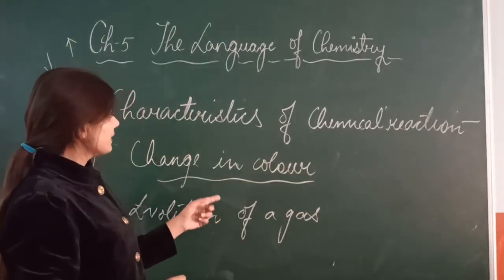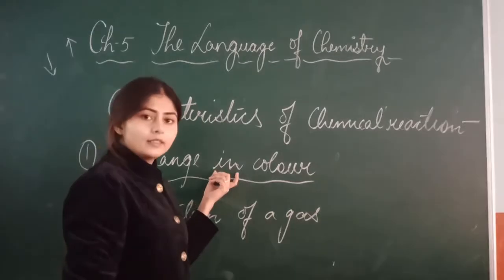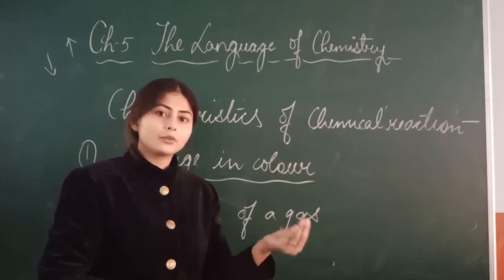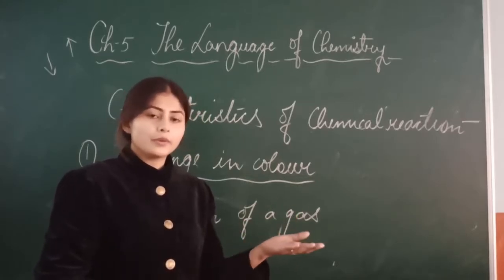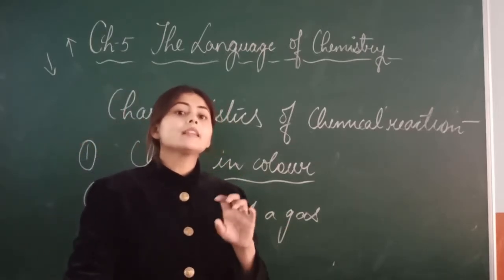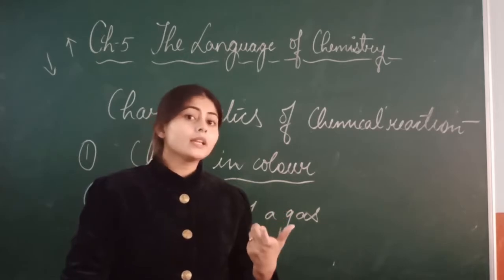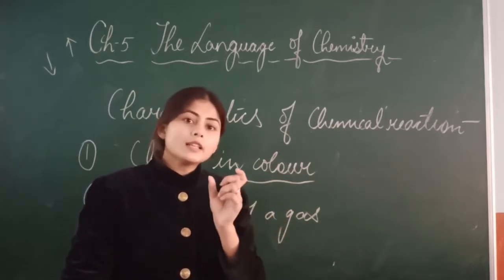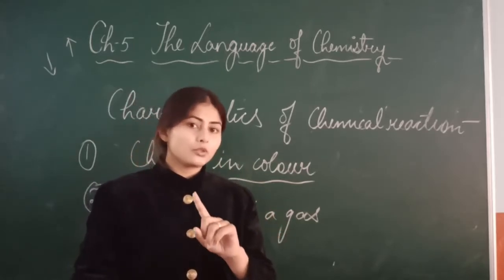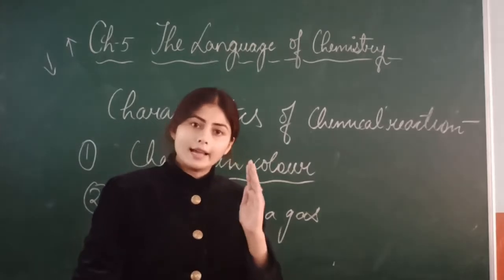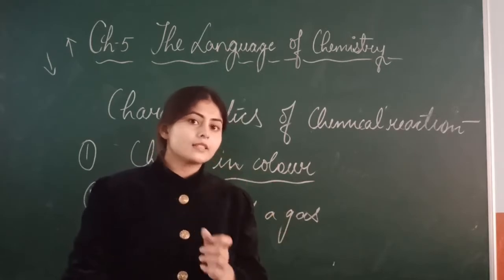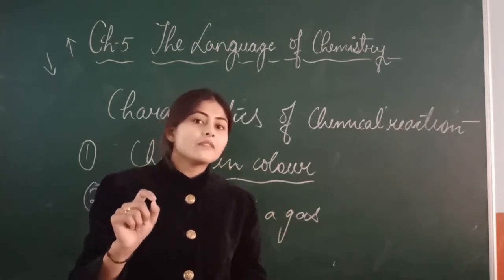One more example: if you take an iron nail and dip that iron nail in an acid like hydrochloric acid or sulfuric acid, H2SO4, what will you get? You will get iron sulfate. Iron in the reactant is gray in color, but after reacting with sulfuric acid, Fe plus H2SO4, you will get iron sulfate, FeSO4.